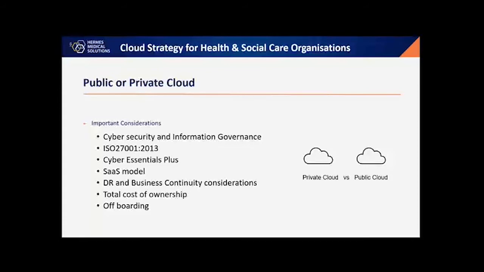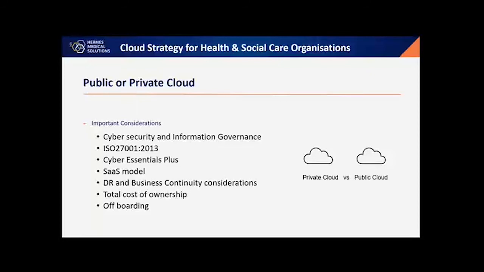So that's really important. And next, of course, the commercial arrangements. It should be priced based on consumption. So the amount of IT resources that are used, storage, processing capability and capacity, availability, numbers of users, licenses, and we call this the SaaS model, so the software as a service model.